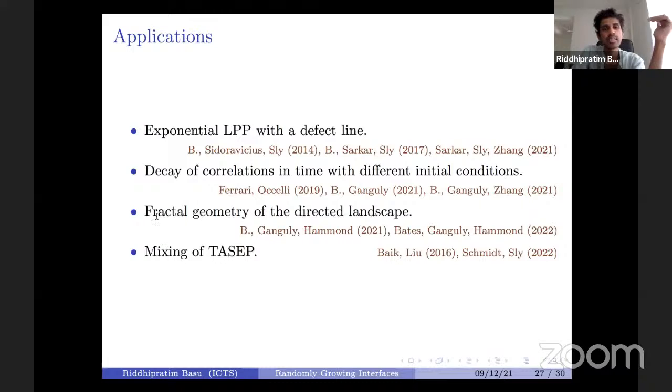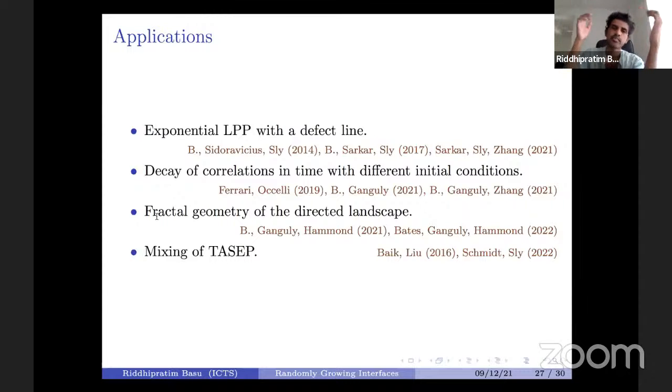Then you can ask what happens to the correlation. If I look at the interface growing in time, and I ask what is the correlation between the interface at time t and the interface at time t prime, when t and t prime are either close or very far away, you want to understand the asymptotic behavior of the correlation decay. That question one can also answer by leveraging this understanding of the geodesic.